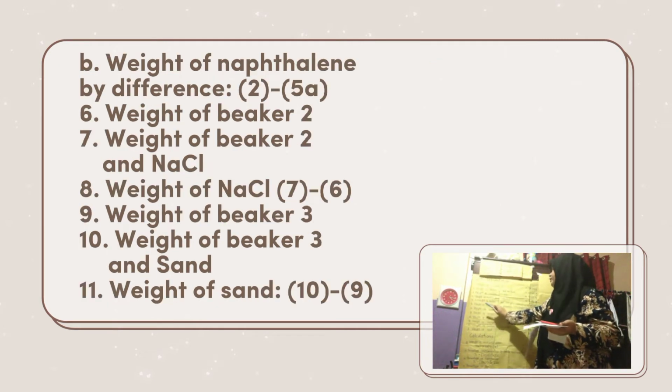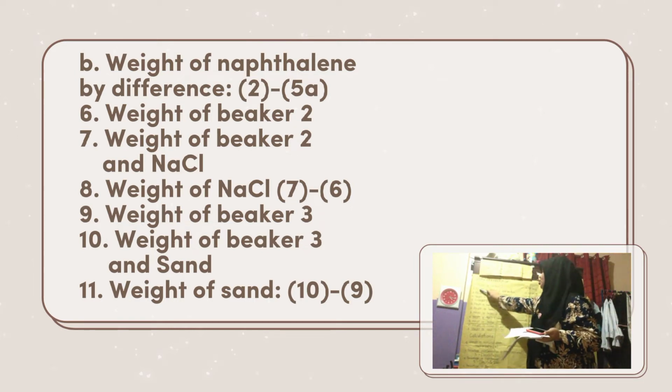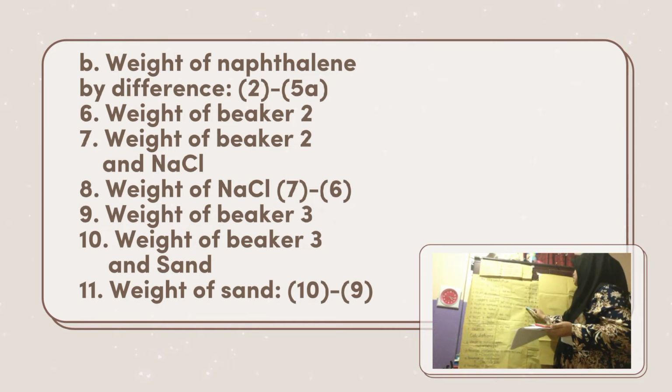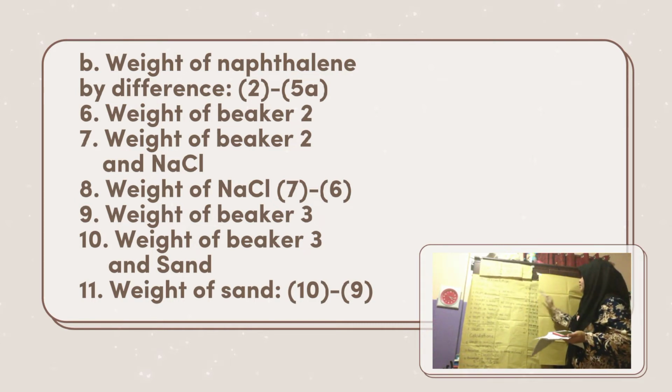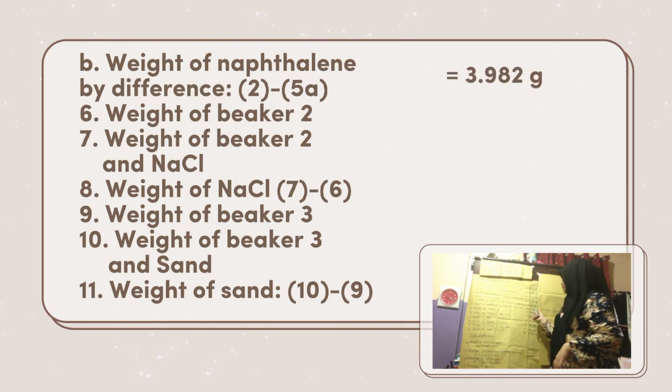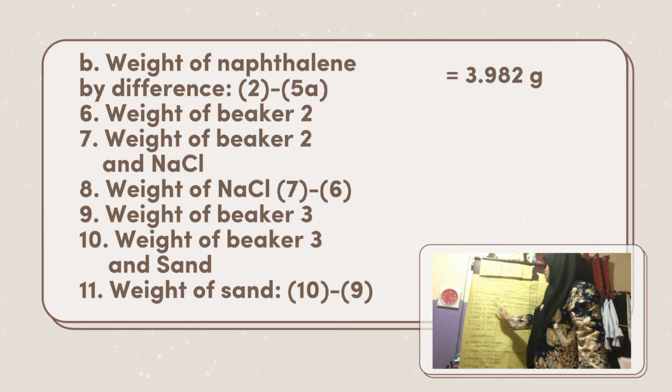Then let's proceed to the weight of naphthalene by difference: number 2, the weight of beaker 1 and mixture, minus the weight of beaker 1 and solid after sublimation. 103.697 grams minus 99.715 grams. So we have the result, 3.982 grams.